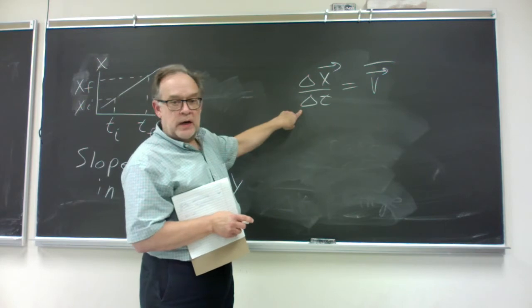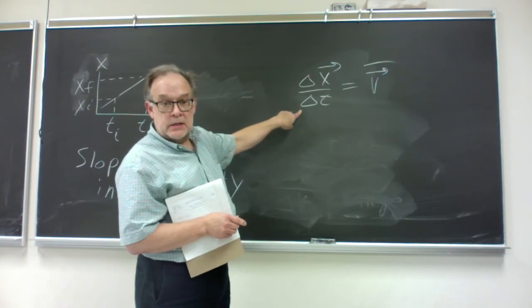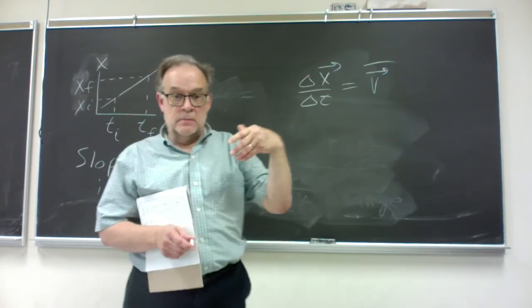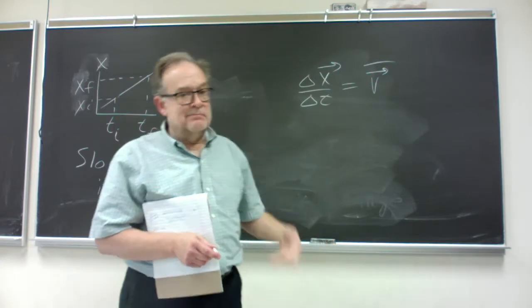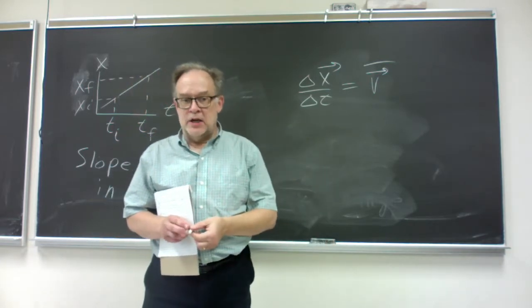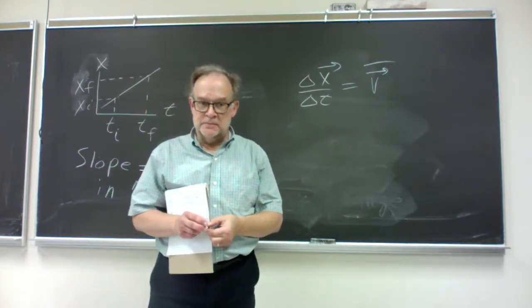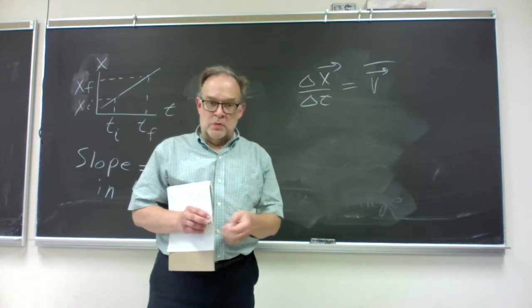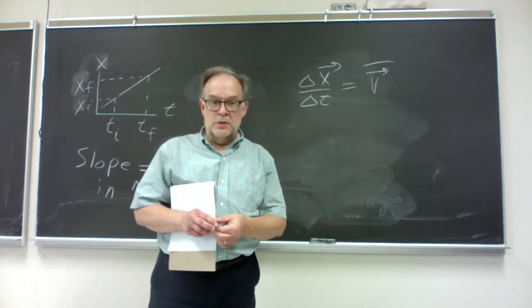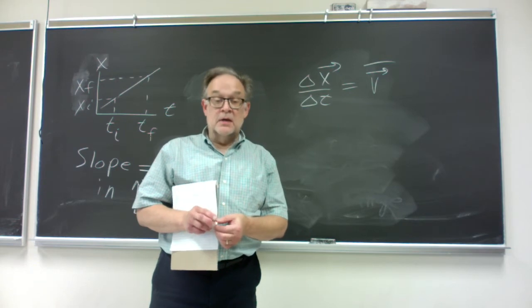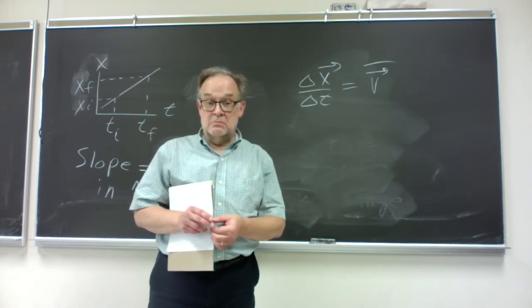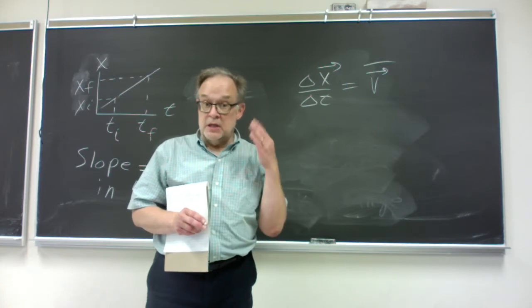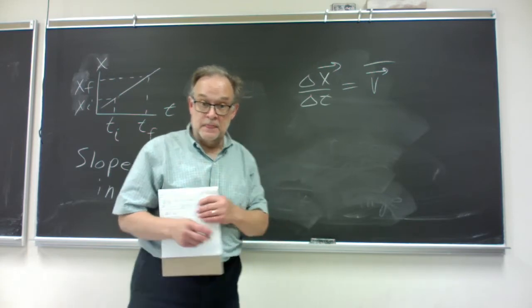Change in something divided by the length of time it takes to make that change is rate of change, velocity is the rate at which position is changing. Slope in a graph of position versus time is the rate at which position is changing. The rate at which position is changing is just another name for velocity.